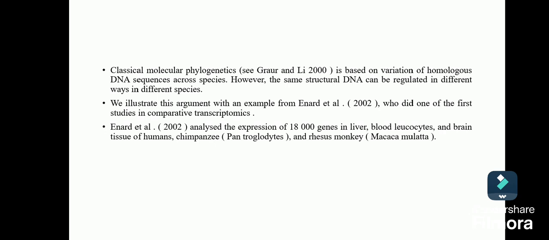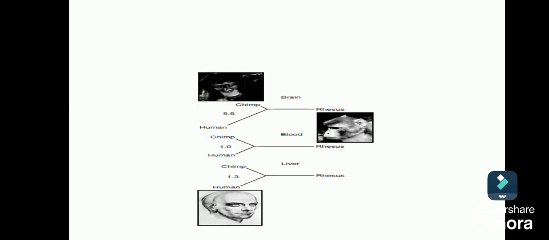Enard et al. 2002 analyzed the expression of 18,000 genes in the liver, blood leukocytes, and brain tissue of humans, chimpanzees, Pan troglodytes, and rhesus monkey, Macaca mulatta.